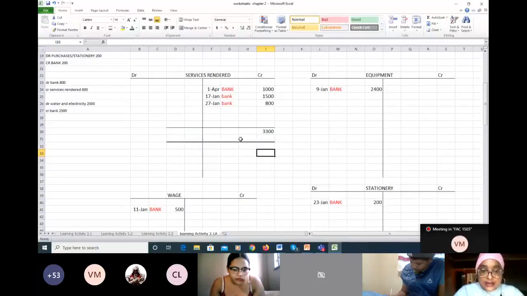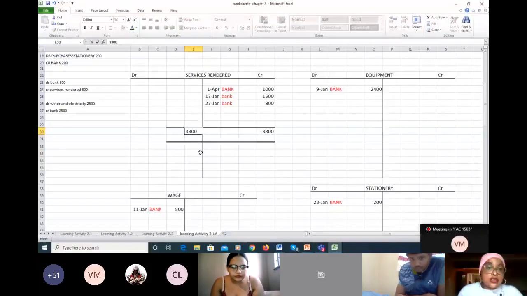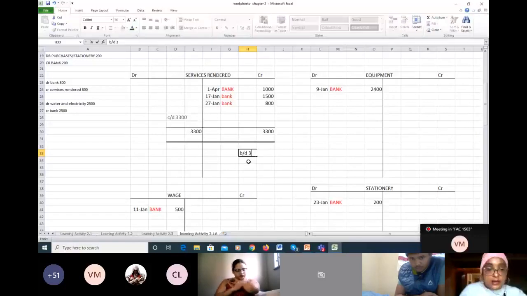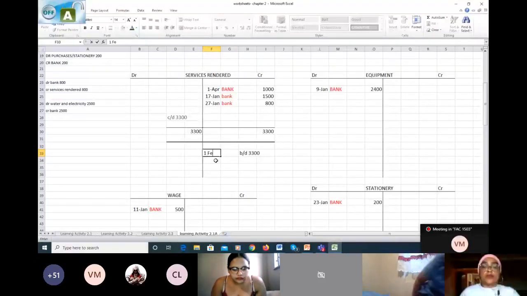So you can enter 3,300 in there, and because we need to have a carry down value, right? 3,300 minus naught in essence is 3,300. I'm going to have a carry down value on my debit side, and here, right, they bring it down to the next month, and that would be the 1st of February.